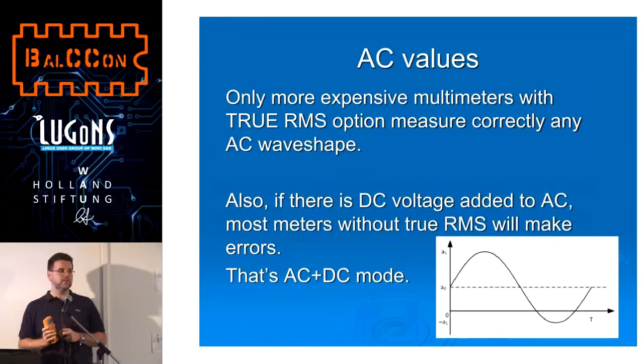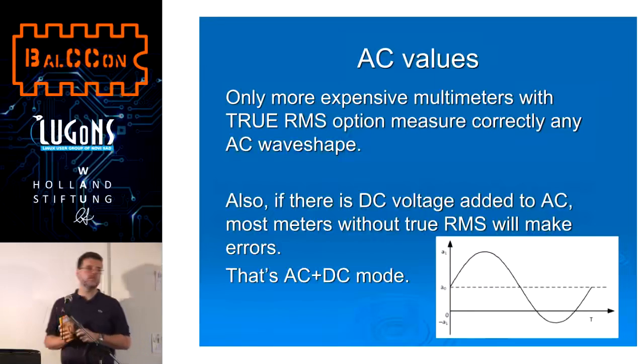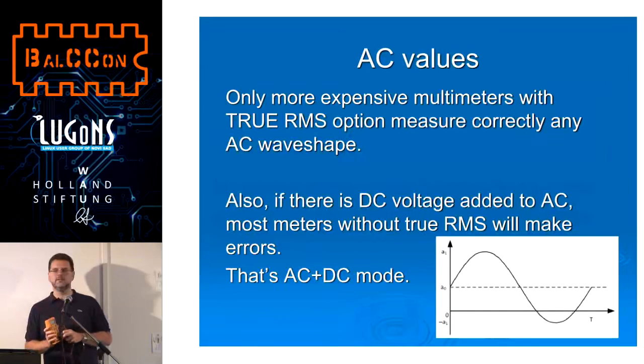Also, and that's all you need to know, modern auto-ranging multimeters priced at several $100 can measure true RMS. Again, it may be useful to you, maybe not, depending on what you're going to do.